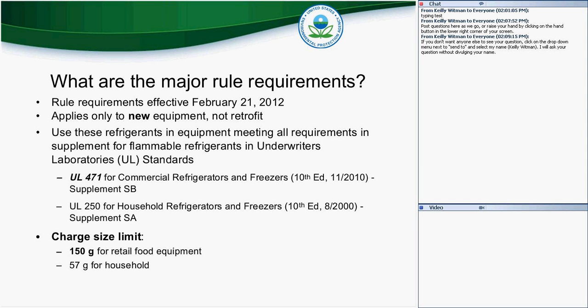Maybe you can answer that better than I, Keely. Dave Godwin, are you still on the line? If you are, can you press pound 6? Can you help us out on this one? Can you hear me now? Yes. Okay. Can you ask the question again? Okay. So, what about recovery machines for hydrocarbons under Section 608?